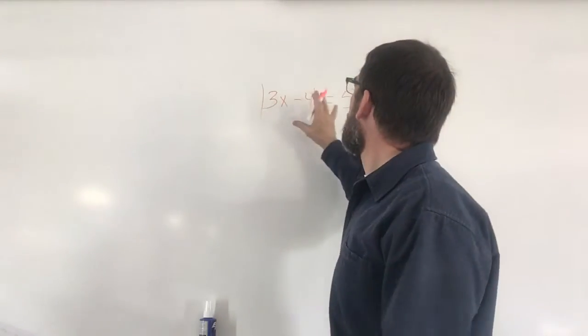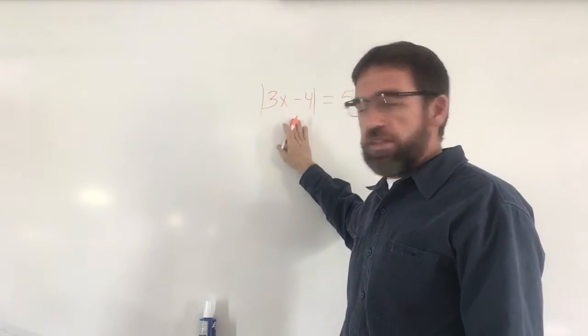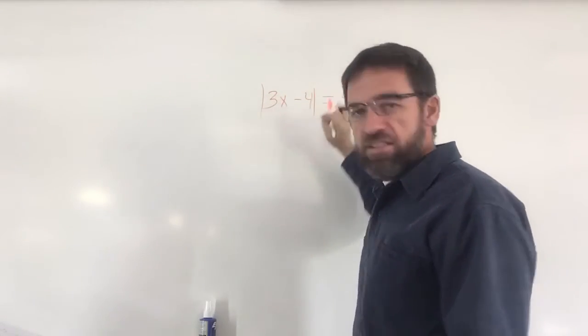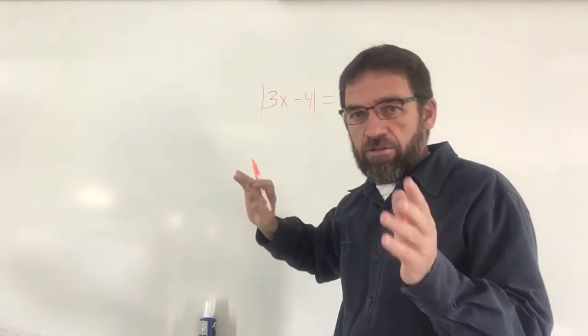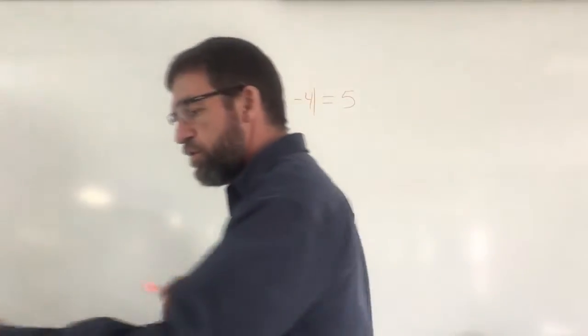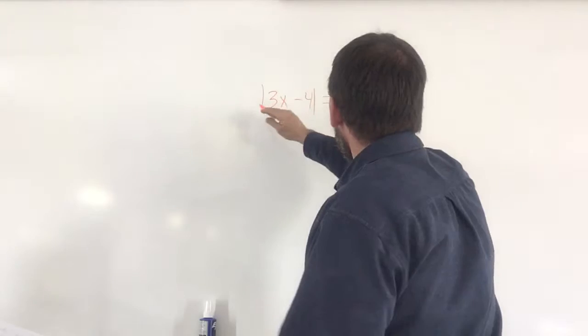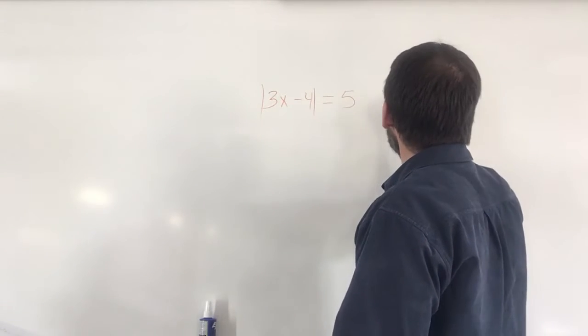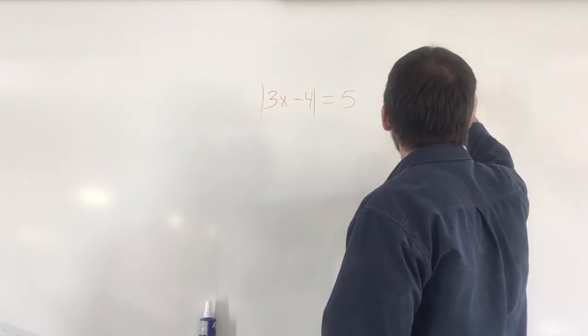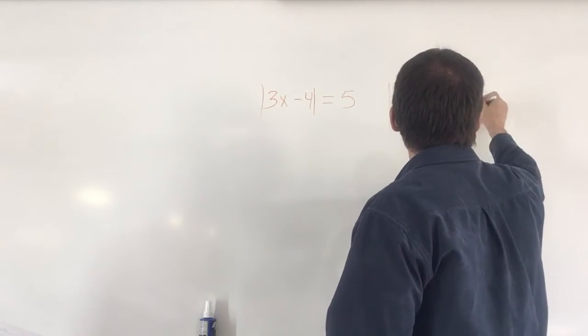No. Is there anything I can combine inside the equation box? Like I said, if there'd be 2, 3 x's, I could combine them, or if there'd be a -4 and a +5, I could combine those. No, there is not. So I'm ready to go to point 3. I write 3x - 4 equals +5. And over here, I've got another equation, 3x - 4 equals -5.